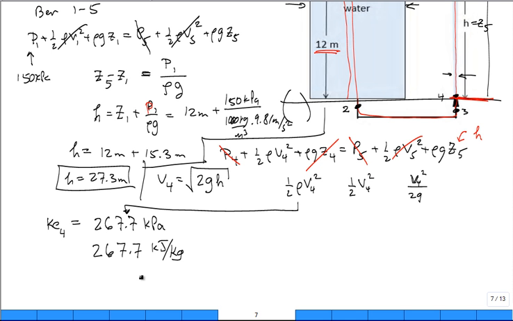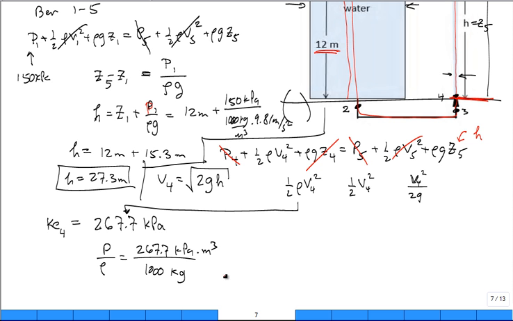Let me try this again. I think I have a unit error here. If I take this pressure and divide by rho, that's going to be 267.7 kilopascals over 1,000 kilograms per cubic meter. True?